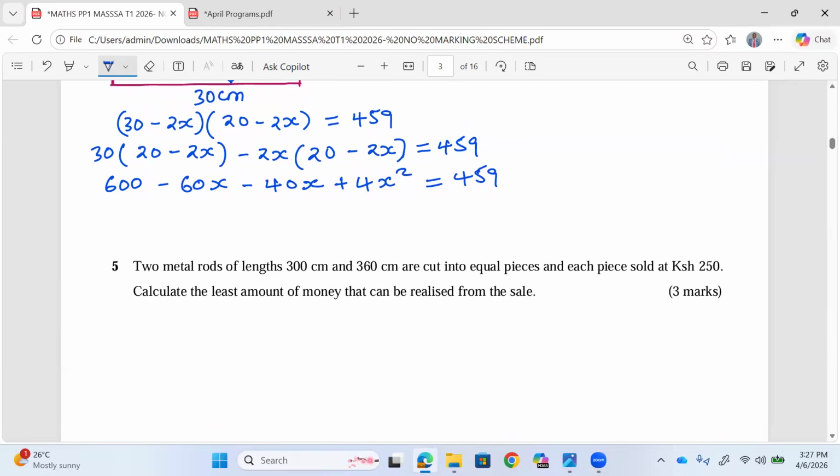We can now group terms together, or rather arrange this particular equation. I can see there is a power 2, so it's likely to be quadratic. Can we start with 4x power 2? And the terms with x are negative 60 and negative 40, giving us negative 100x.